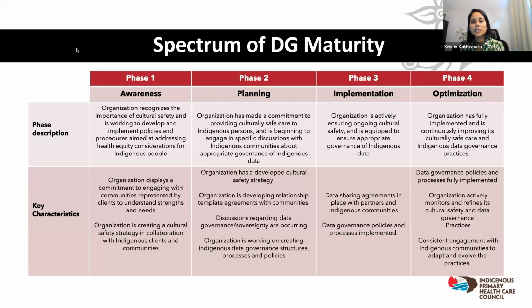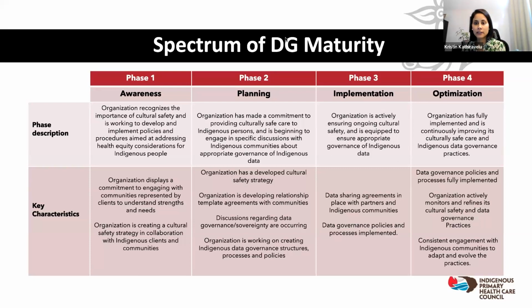Phase 3, the implementation phase, you're actively ensuring ongoing cultural safety and equipped to ensure appropriate governance of Indigenous data. And then phase 4, the optimization phase, you have fully implemented and you're continuously improving your culturally safe care and Indigenous data governance practices. The majority of participants today are affiliated with organizations in the awareness phase.